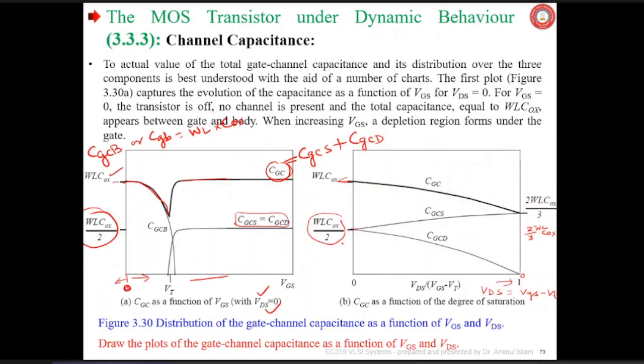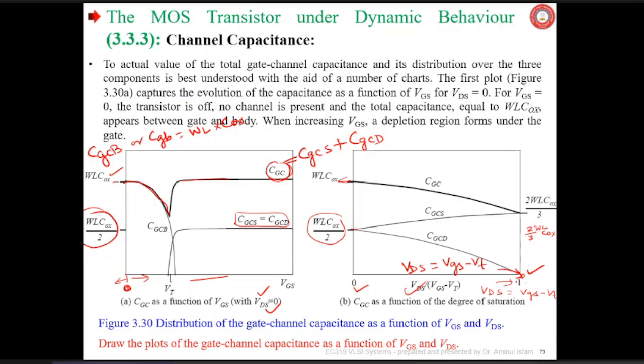But when you increase the VDS from 0, and it becomes VDS equals to VGS minus VT, at this point this ratio is becoming 1. Before that, it is less than that, meaning it is not fully saturated. At this point, it is saturated.